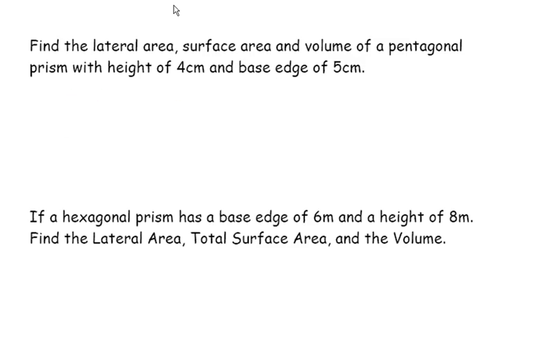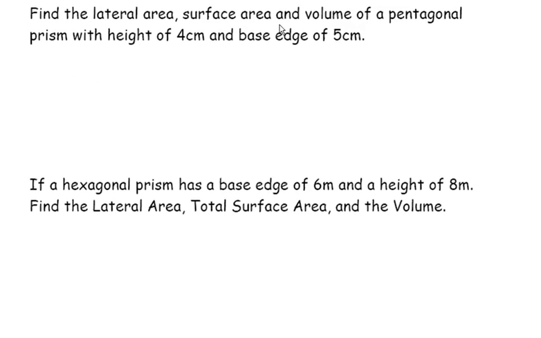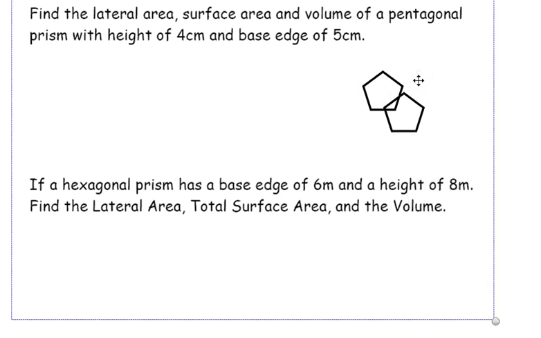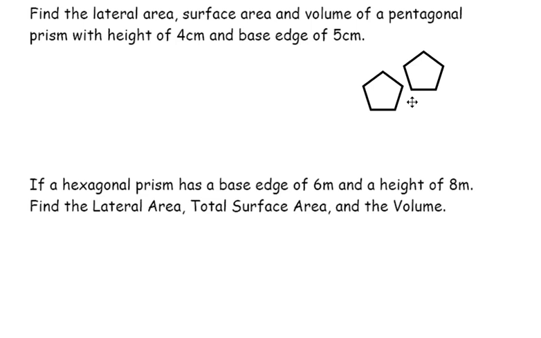All right, moving on. We need to find the lateral area, surface area, and volume of a pentagonal prism with a height of 4 and a base edge of 5. Okay, so not so bad. Let's think about what a pentagonal prism looks like. So it's got a pentagon, and it's actually got 2 of those, and something like that, and they're all connected by these straight lines.